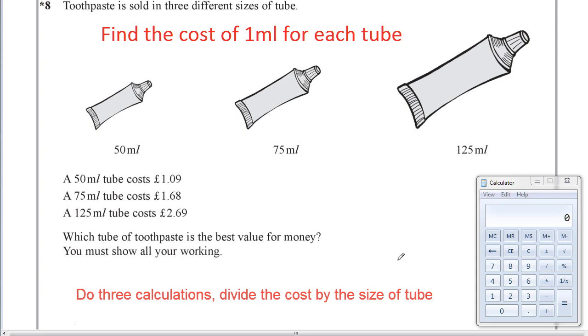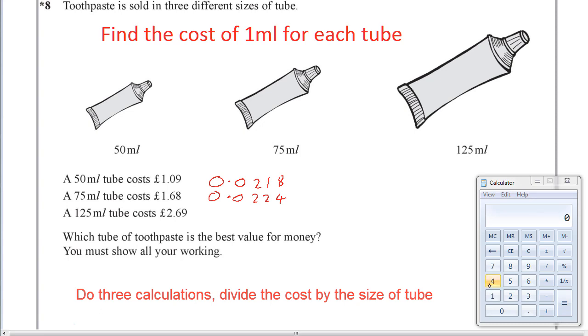Okay, the first one. 1.09 divided by 50. 0.0218. And now the other one. 1.68 divided by 75. 0.0224.